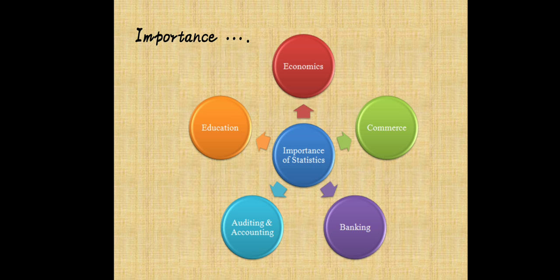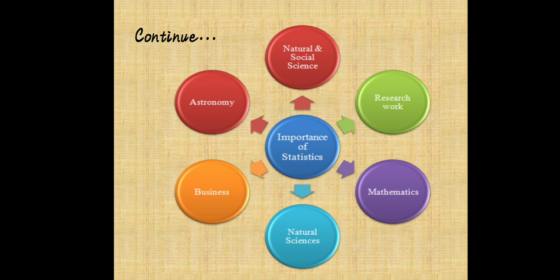Even in education, and natural and social science research work, if we are going to do research, we need some numerical presentation for our work. Then only can we say that our research work is authentic, because we are presenting what we collected in numerical form with the help of statistical tools. The next are mathematics, the natural sciences, business and astronomy.